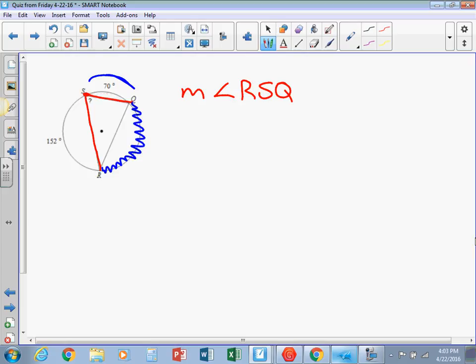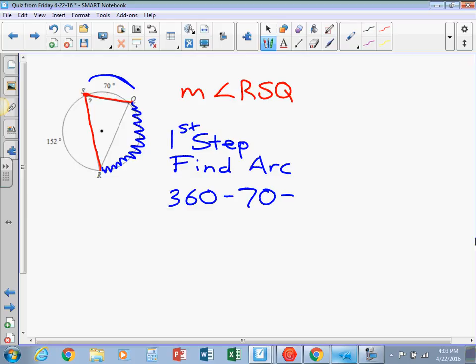Well, all the way around the circle is 360 degrees. So my first step in this particular problem, I need to find the arc. I can do that by saying 360 minus 70 minus 152. That's 138 degrees.